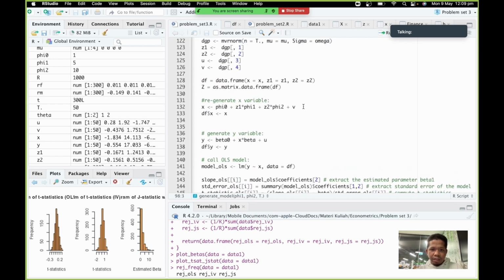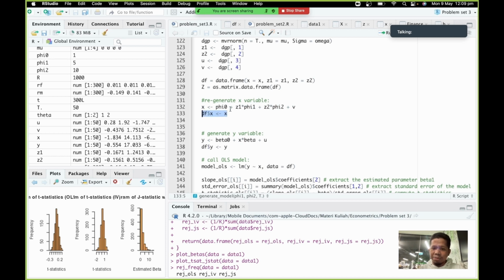And here is the data generating process for x, which is nothing but the second equation actually: v0 plus z1 times v1 and z2 times v2 plus v. And again, I have to provide this vector x into the data frame.